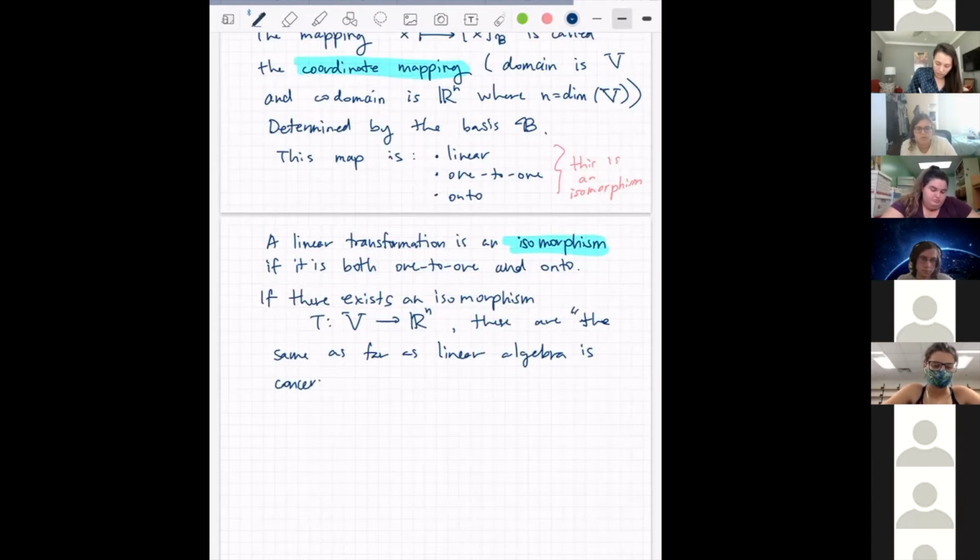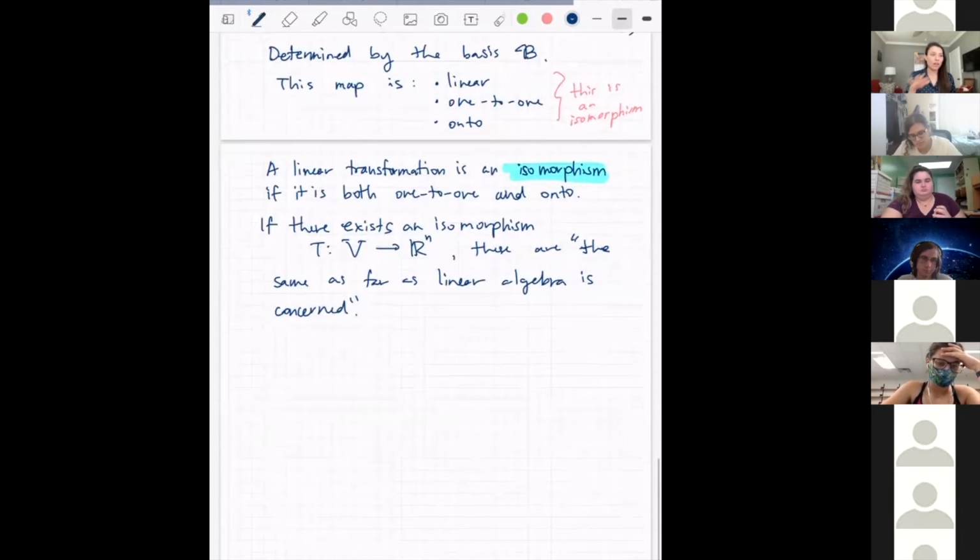I'm talking very loosely here, so I'm going to put this in quotes, but it's just saying that the structure of those spaces is the same. So when you say these, you refer to V and Rn, just to be specific. Yes, V and Rn. Thanks. So what this means is that all finite dimensional spaces are essentially like Rn. We don't really have anything that behaves differently than Rn as far as linear algebra is concerned.